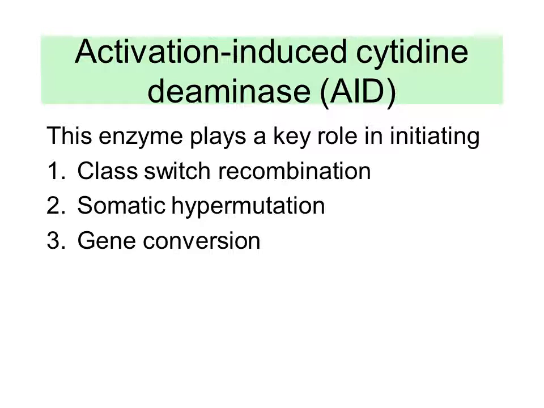One enzyme I said was activation-induced cytidine deaminase, AID, and that plays a key role in initiating class switch recombination, somatic hypermutation and gene conversion. These are the three major pathways that allow us to generate tons of antibody.